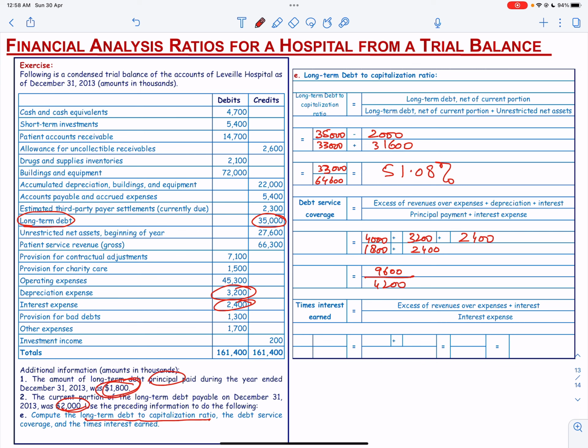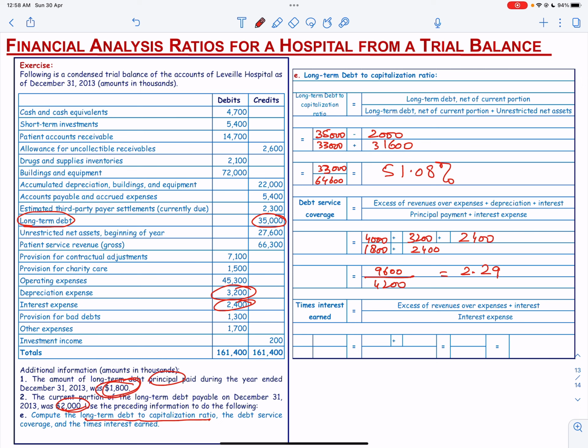Next, we have the times interest earned. 9,600 divided by 4,200 is equal to 2.29.